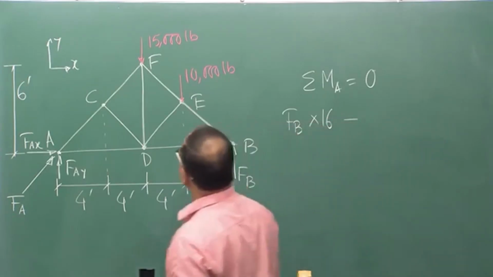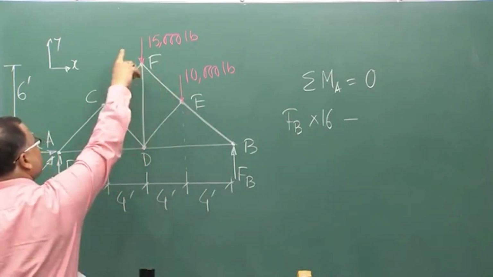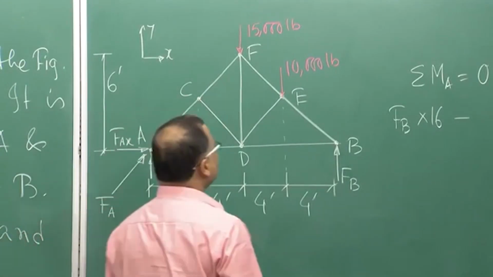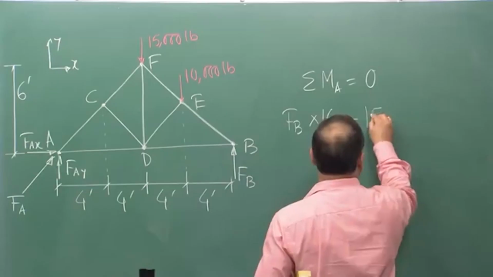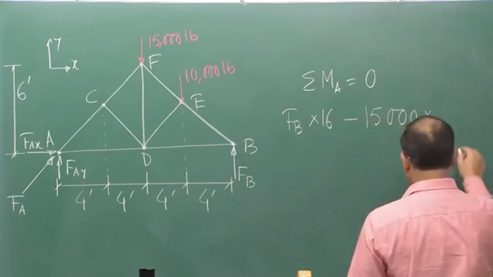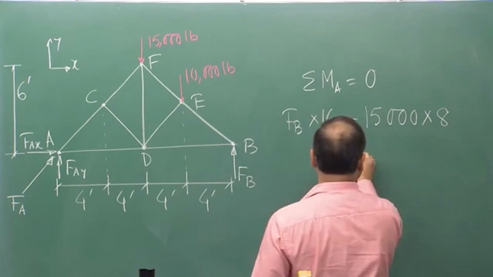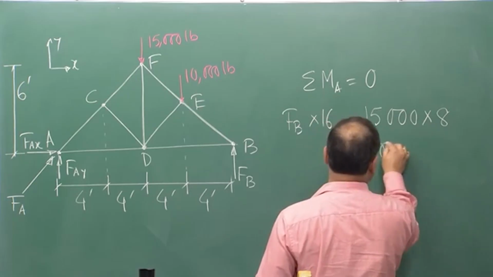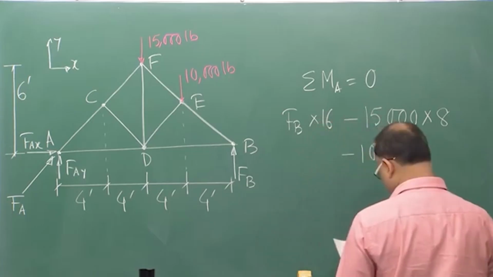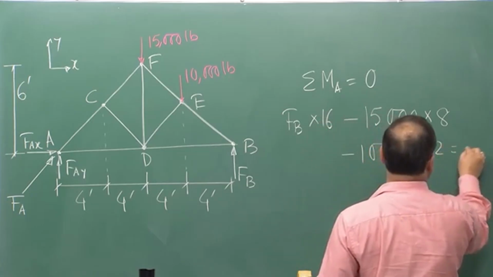Minus, these two forces give the clockwise moment with respect to point A: 15,000 into 8 minus 10,000 into 12 equal to 0.